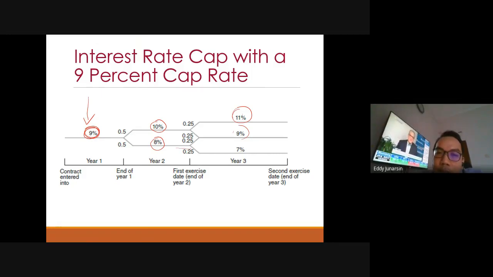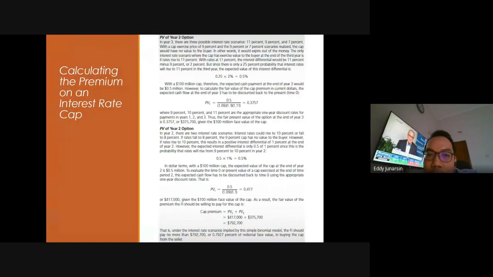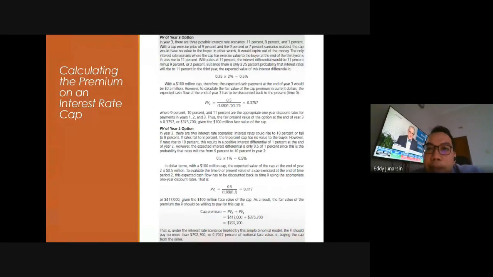Then we have the probabilities of happening, 50%, spread equally, and also spread equally here. So what's the value of the option, of this cap?